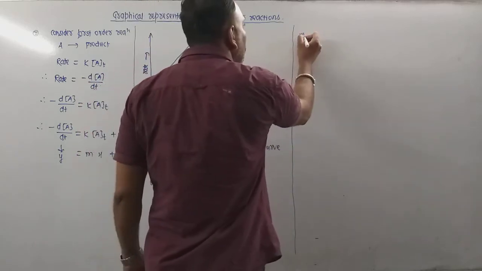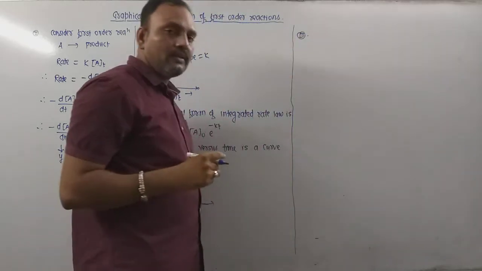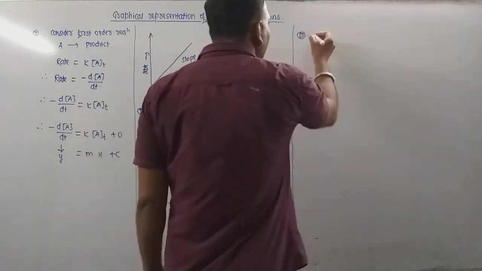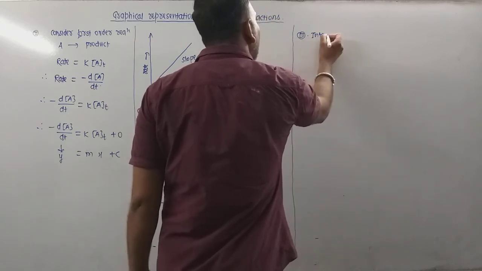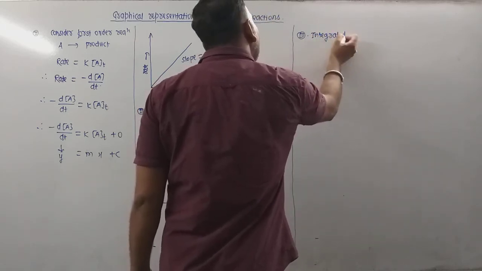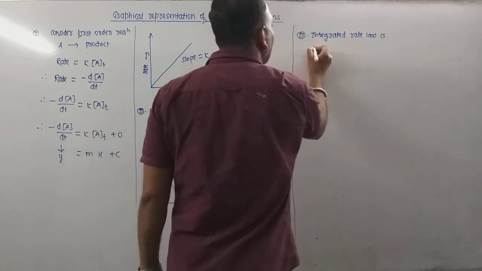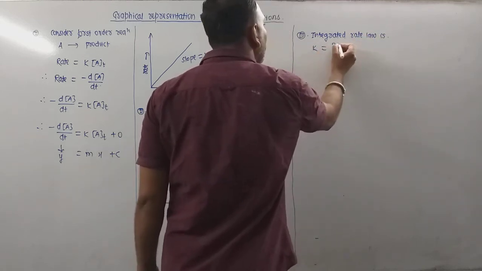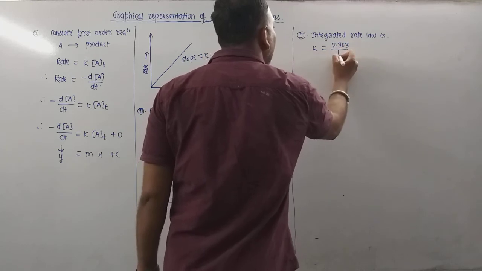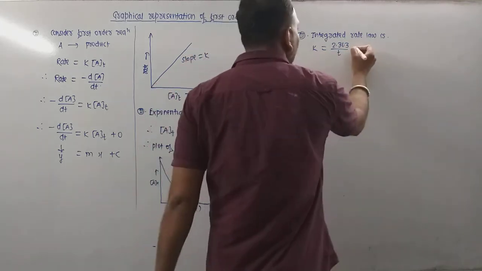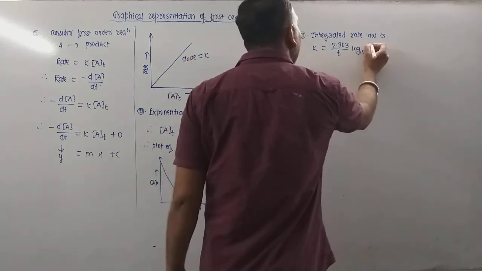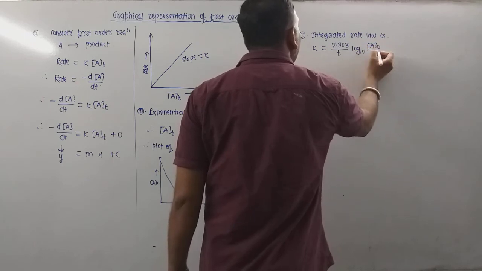Now the third very important thing is the integrated rate law. The integrated rate law is k is equal to 2.303 upon t log base 10 concentration of A naught upon concentration of A at t.